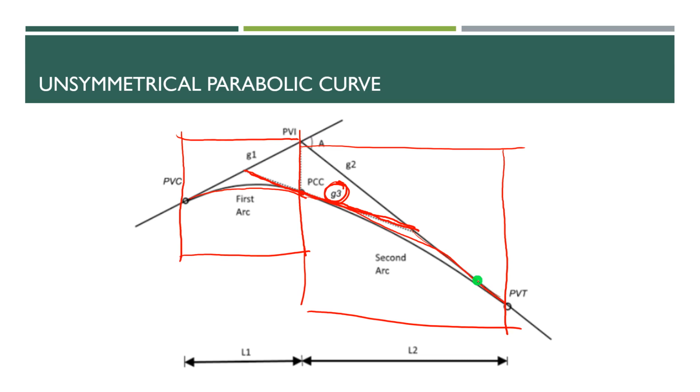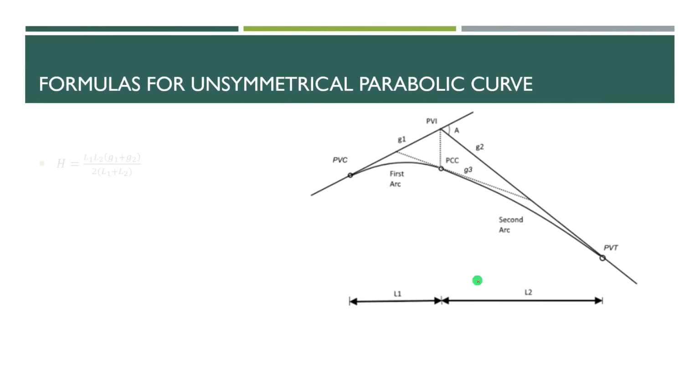Okay. So let's now solve some example problems in an unsymmetrical parabolic curve. First, let me discuss to you the formula when we solve the problem using the formula-based one. So we have H here. H is the distance from PI to the point of compound curvature, or the point where the two curves meet.